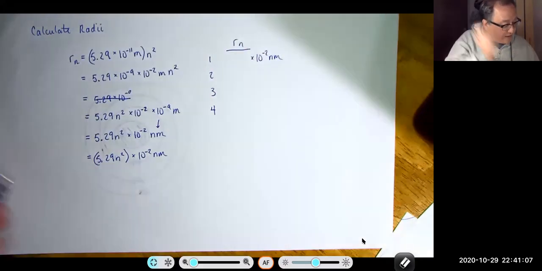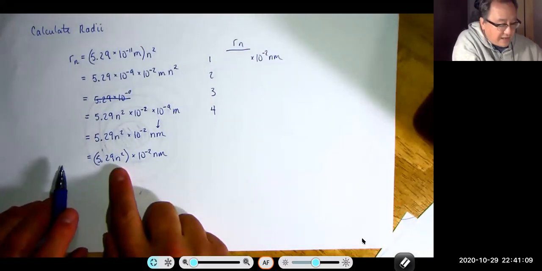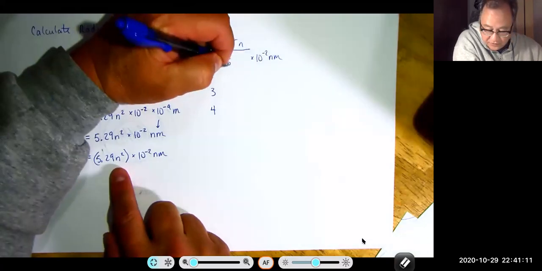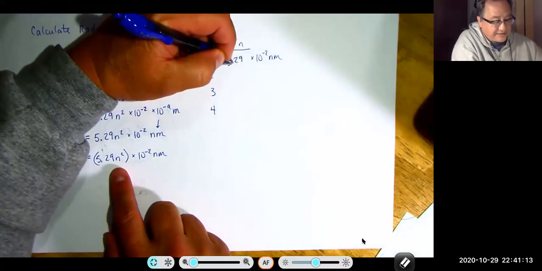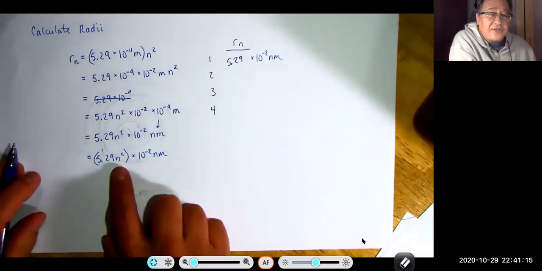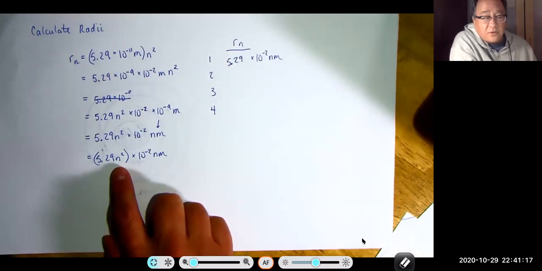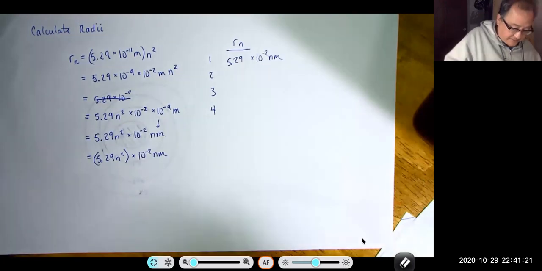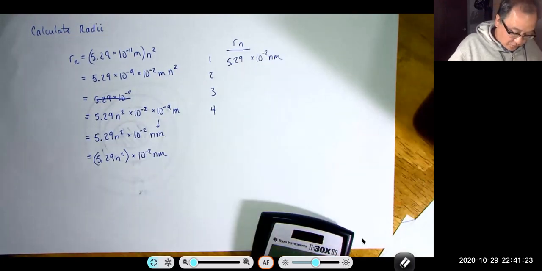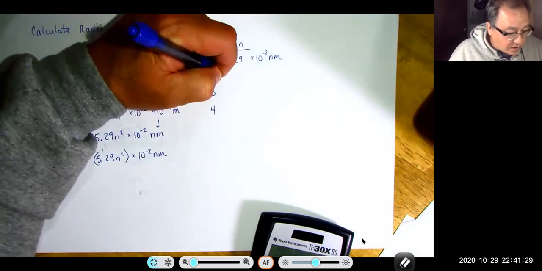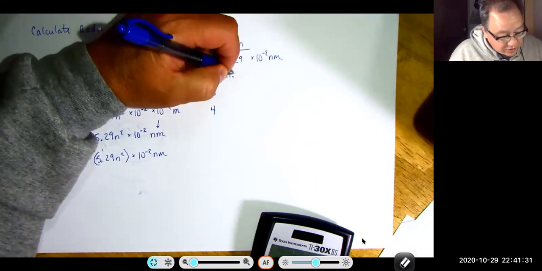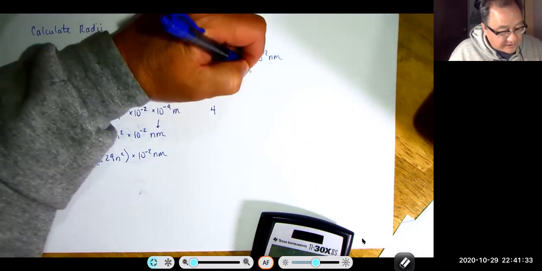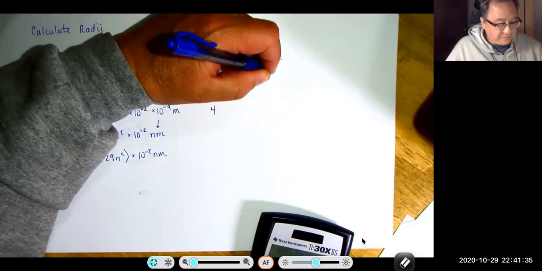So you can tell if n is equal to 1, I've got 5.29. That's easy. What if n is 2? Well, 2 times 2 is 4. 4 times 5.29 is 21.2 times 10 to the minus 2 nanometers.